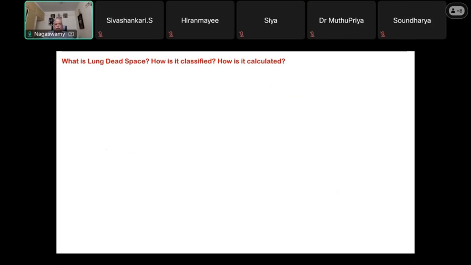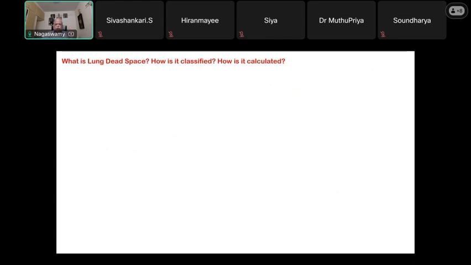What is physiological dead space? Alveoli that are ventilated but not perfused. Exactly, very good. You can also call it wasted ventilation. So air is reaching up to the alveoli, but unfortunately, as I told you in the ARDS picture, microcirculation is blocked.